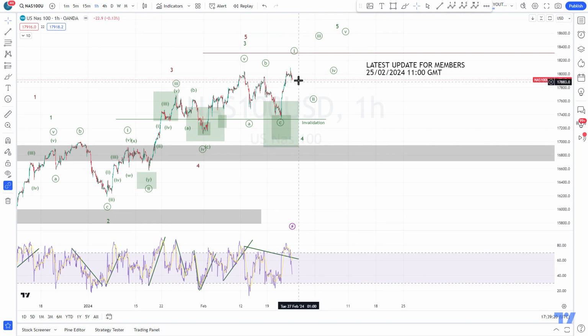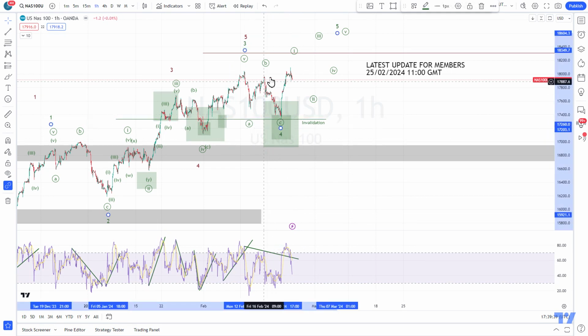So then normally expanded flat, we take out our wave A low as an impulse. However, if we have a running flat, we can end somewhere here, not taking out the wave A low. But okay, I will take the most bullish scenario now as my primary scenario.